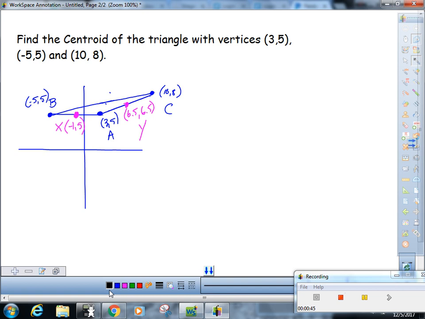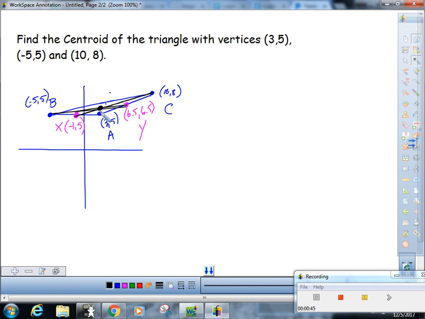And this problem's long enough as it is. So I need to find the equation of that line. I need to find the equation of that line. And where those 2 equations meet, that will be our centroid. Okay?